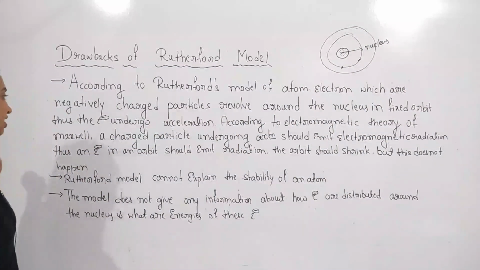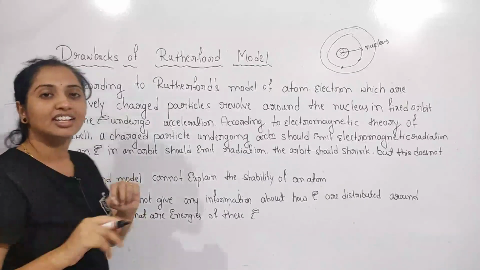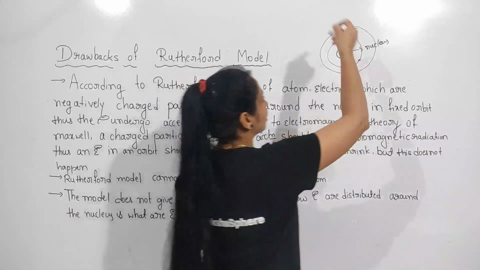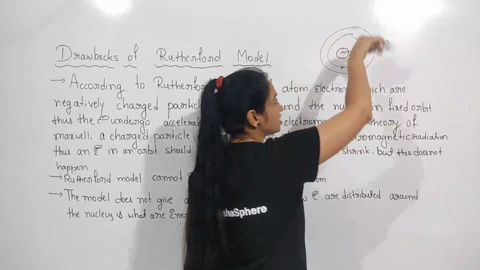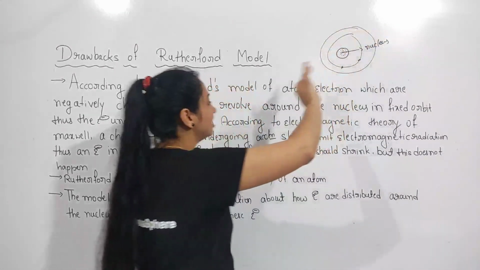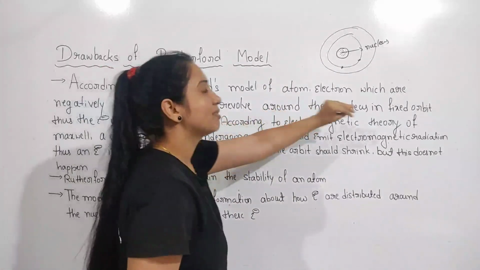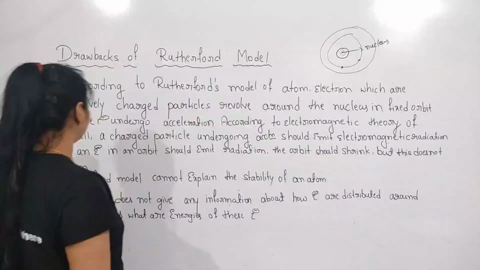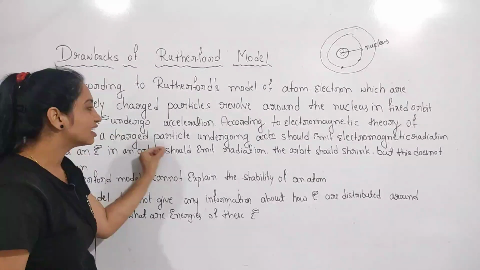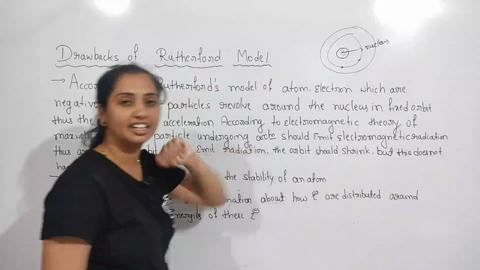Thus the electron undergoes acceleration. When the negatively charged particles are continuously in motion, revolving around the nucleus, they undergo acceleration. According to the electromagnetic theory of Maxwell, a charged particle undergoing acceleration should emit electromagnetic radiation.